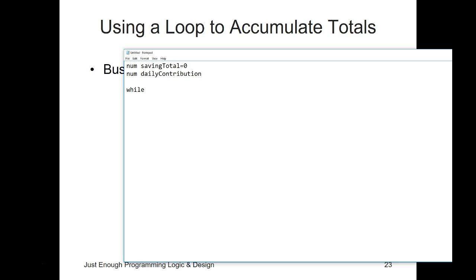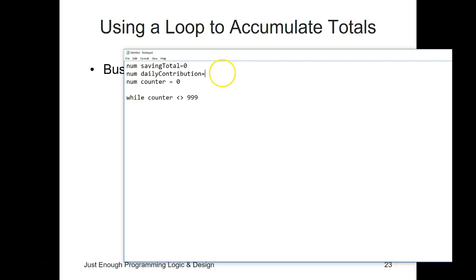So I'm just going to use while, and I'm going to use the value counter not equal to 999. So you can stop this program at any time by typing 999. So counter equals 0, so I'm going to set that to 0.